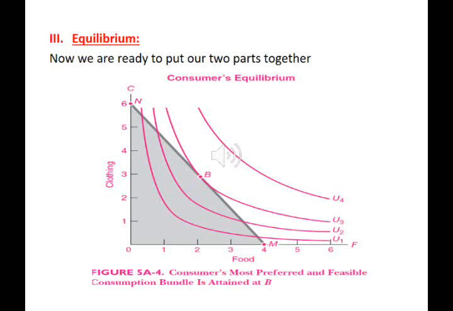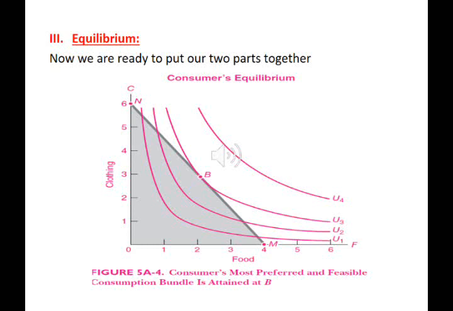By putting these 2 ingredients together on the graph that we can see now, we have our indifference map and our consumer's budget line in one graph. Now we want to know what will be the consumption bundle that will maximize our consumer's utility given his financial constraint, or given his budget line.